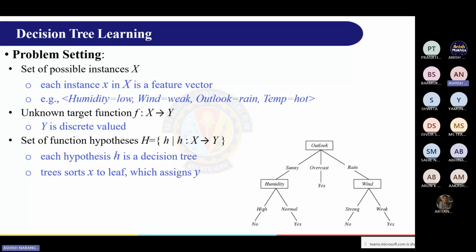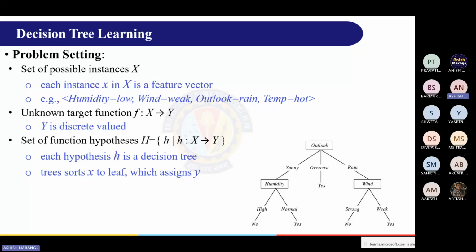Let's say whether you have fever or not, that's one attribute, yes or no. So I'll have only two branches coming out of it. At every node, I'm going to test an attribute and then create as many branches as the number of unique values that attribute can take.